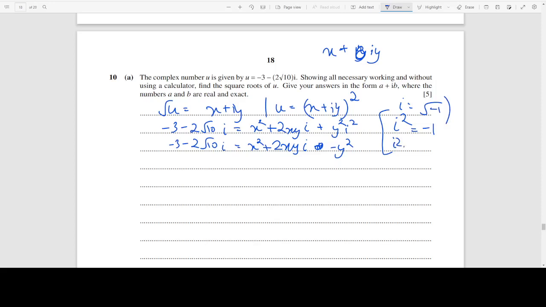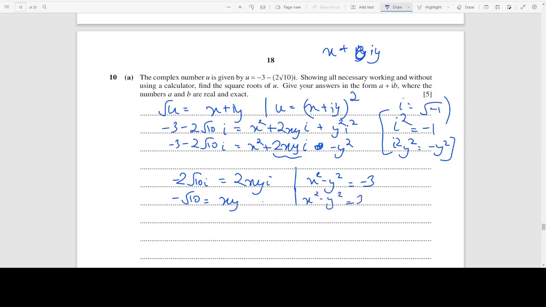So i square y square is going to be minus y square. So we know that the term in i, minus 2 root 10 i, which is the only term in i, is equal to the only term in i on the right hand side, which is 2xyi, and x square minus y square, the constant terms, is equal to minus 3. So minus root 10 equals xy, and x square minus y square equals minus 3.